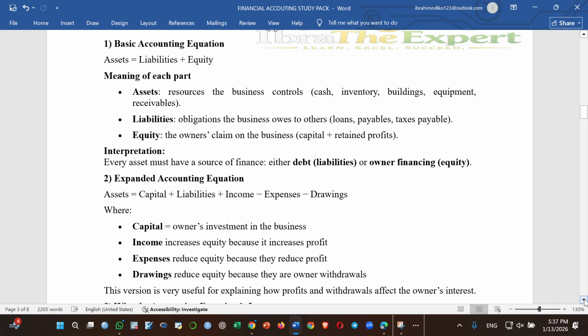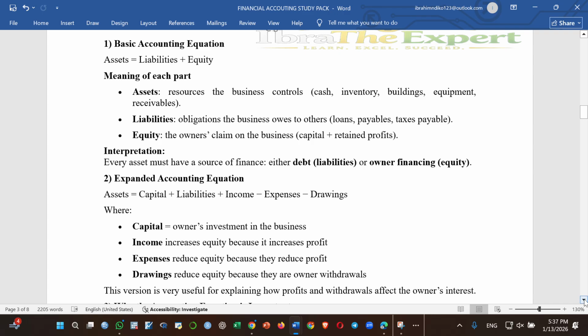Where the asset, we say, is a resource controlled by the business as a result of past events and from which we expect some benefit. Then liability we said is a present obligation as a result of past events where the settlement is expected to reduce the economic benefit.